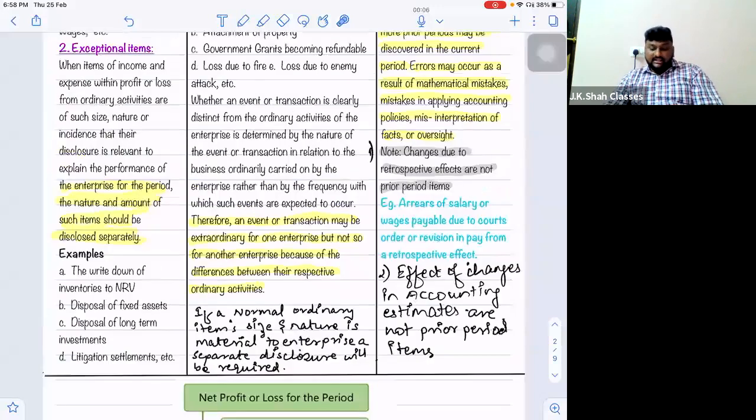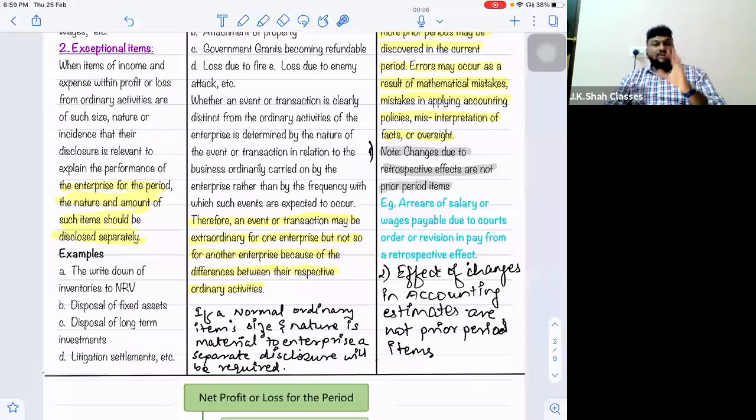Then one more point, changes due to retrospective effects are also not prior period items. Example, arrears of salary or wages payable due to court's order or revision in pay from a retrospective effect. So when you increase the salary or wages of your staff with a retrospective effect, means from a prior period, you are changing the salary.